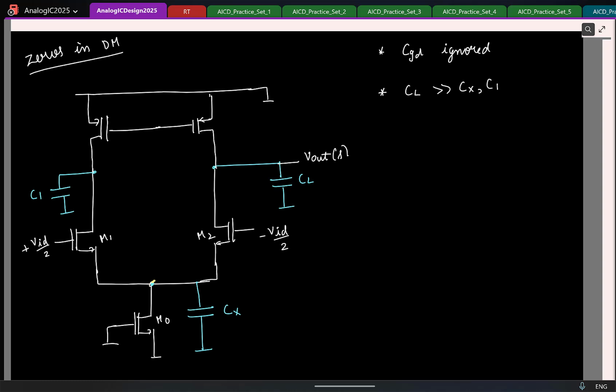Okay. So here we have twofold problem. One is because we are making this current mirror connection. Second is because you have asymmetrical capacitive loading on the two sides. But remember, this asymmetry is happening at the drain side of the NMOS transistor.